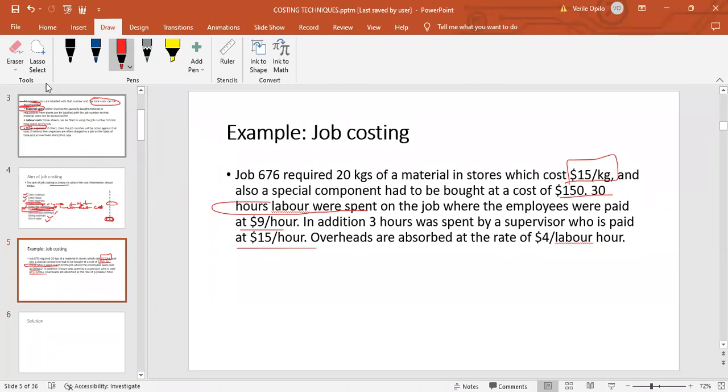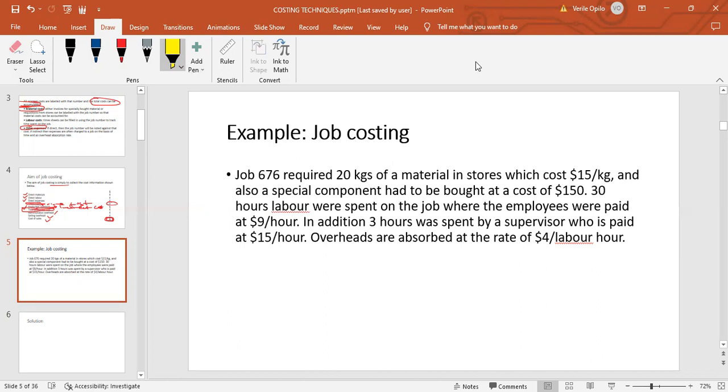So I want us to look at this question together so that we can see how much in total the company has incurred for this particular job. Just take a minute to go through the question, and once you've understood it, we can work on it together.